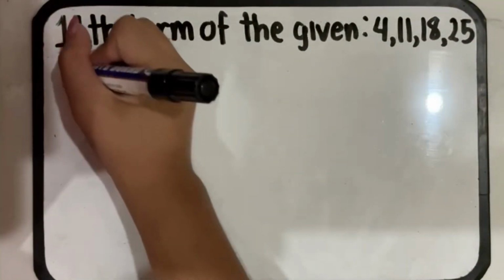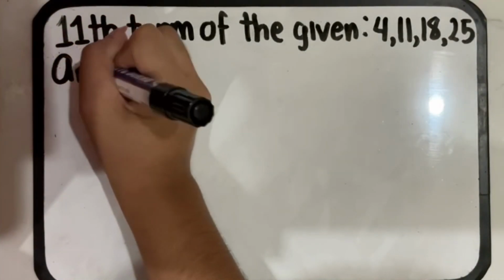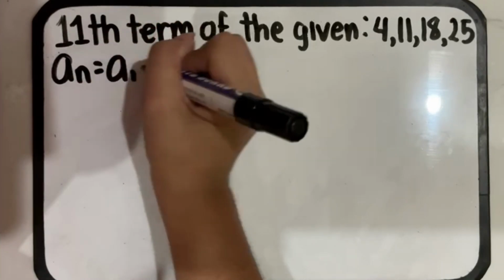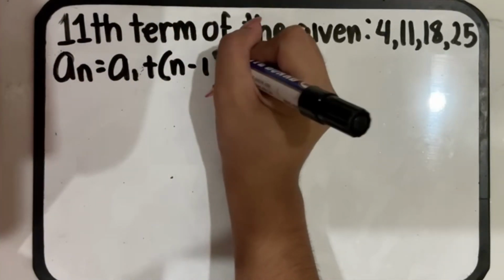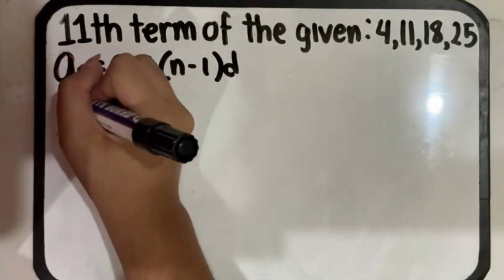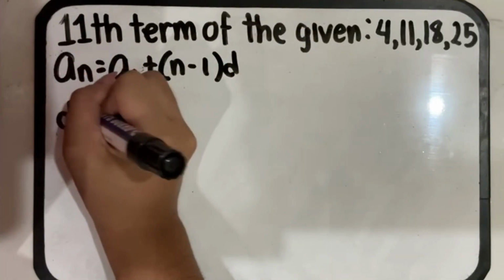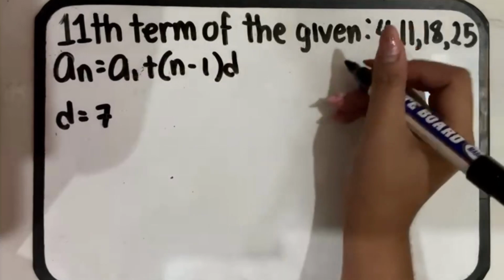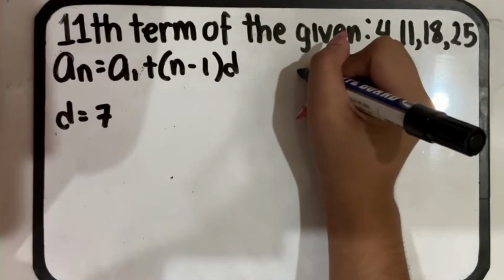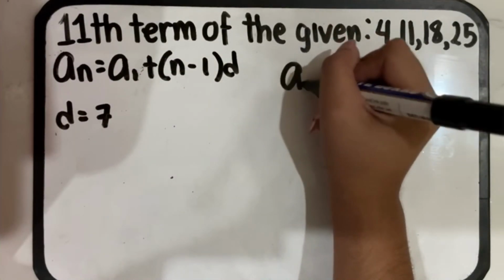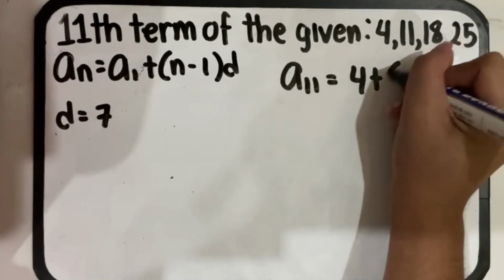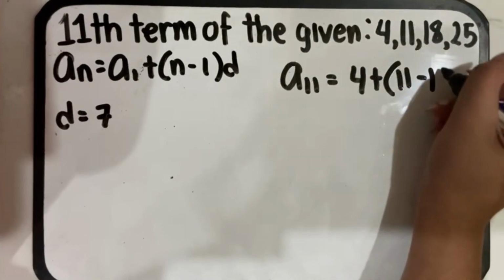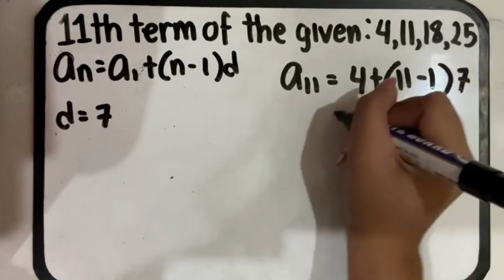What is the 11th term? We're still gonna use the given 4, 11, 18, and 25. To solve, we have to find first the last term of the arithmetic sequence, and that is 11. Now, let's substitute in the formula. Our first term is 4 plus our n is 11 minus 1, and lastly, our common difference is 7.